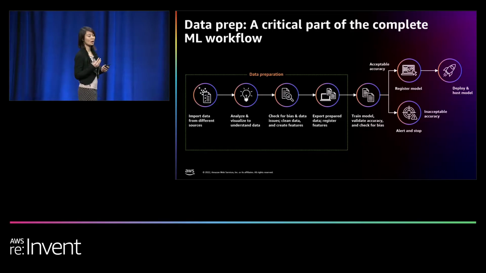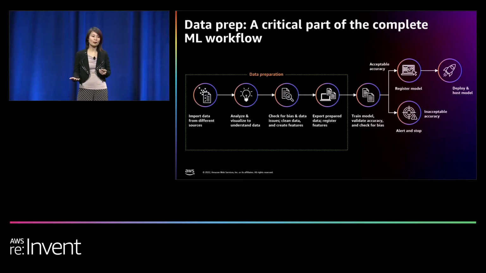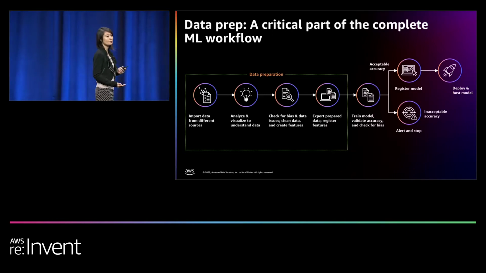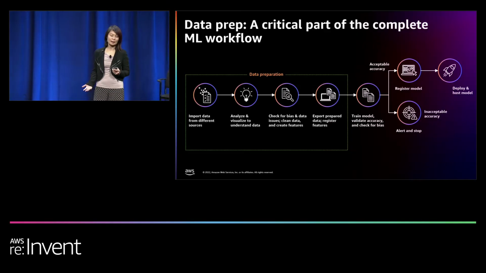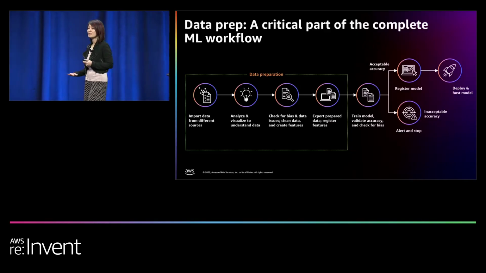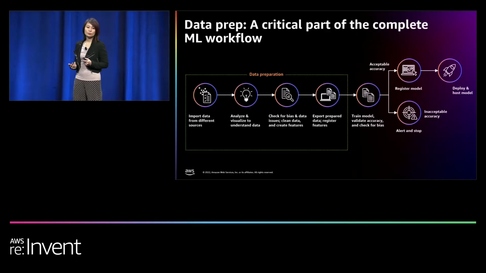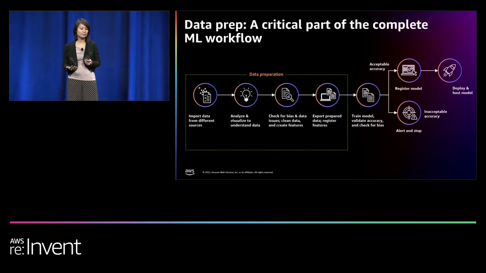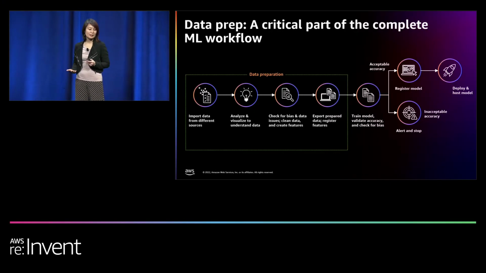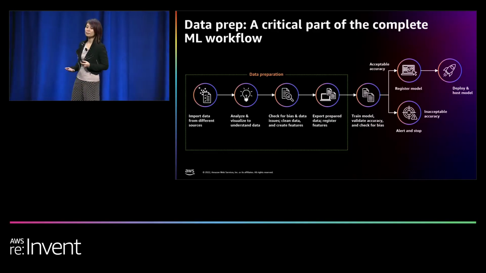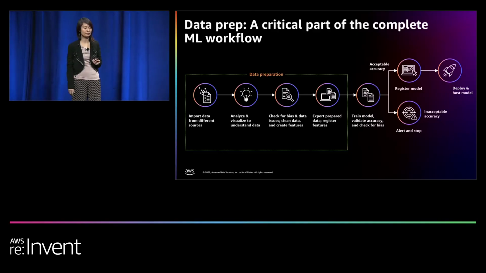Normally, you need to first collect enough data to prepare for machine learning. So this normally involves connecting to multiple data sources. You then need to quickly understand your data using analysis and visualization to especially identify any data quality issues.